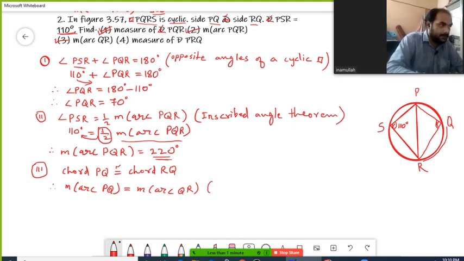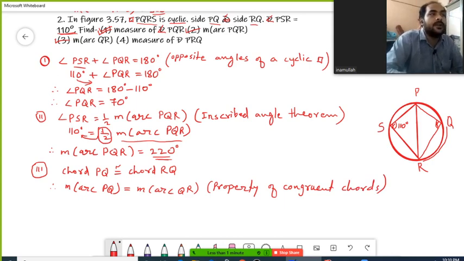So here we can mention the property of congruent chords, or you can write: congruent chords in the same circle inscribe the same arc.